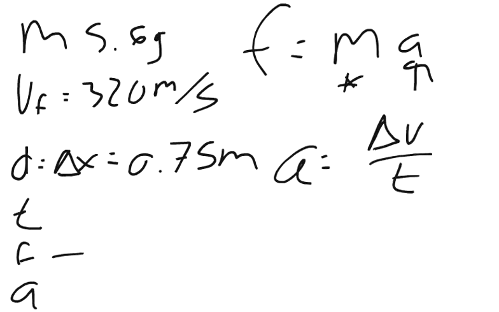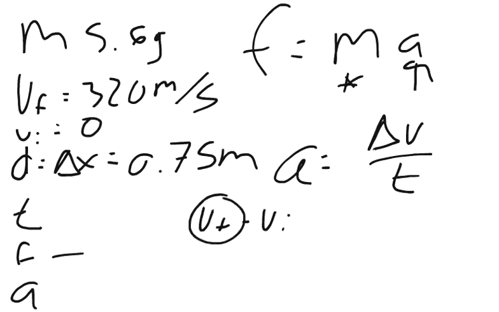The change of velocity is the final velocity minus the initial velocity. We know that the initial velocity is 0, so the change of velocity is equal to the final velocity in this situation. So acceleration is the change of velocity over time.